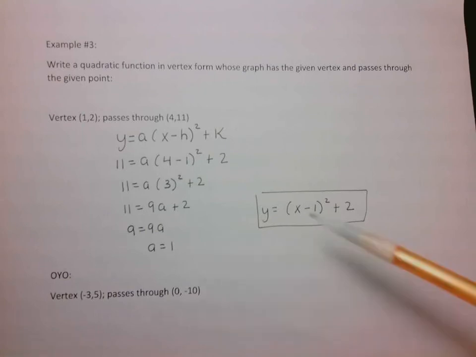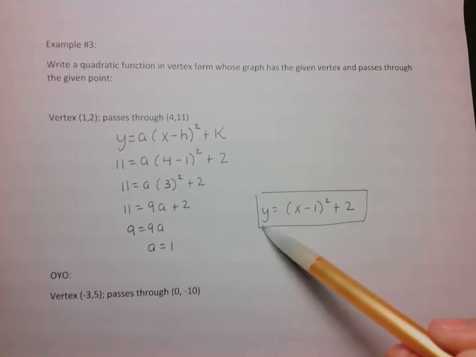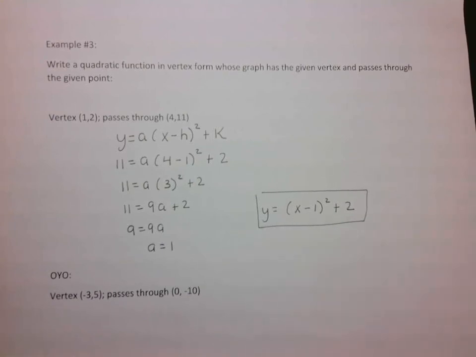Once I know a, here a is 1, then I can create my quadratic function in vertex form. And remember, this xy here represents any xy coordinate point that's on this graph. There's an infinite number of xy coordinate points that are on this graph.